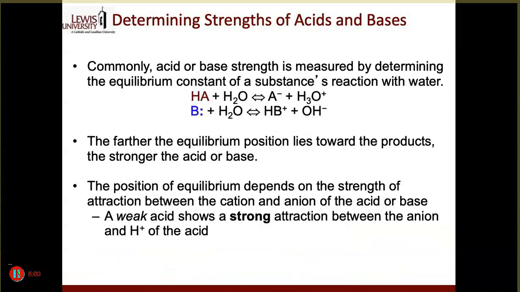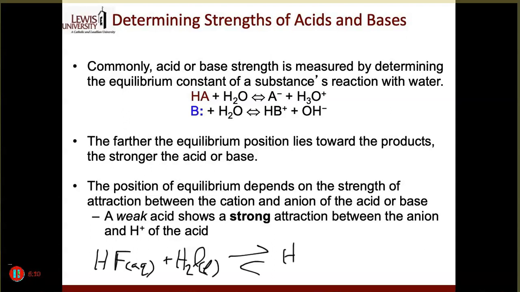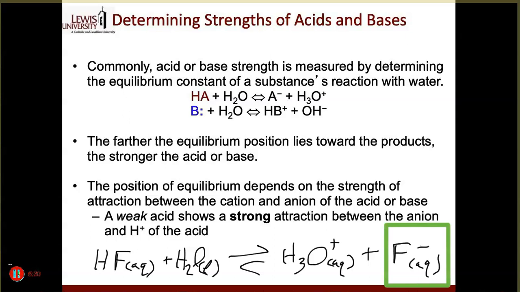Now, if you have a weaker acid like hydrofluoric acid, when we put it in water and create this equilibrium, we get hydronium ion H3O+ and F minus. It turns out that F minus does want to interact with H3O+.